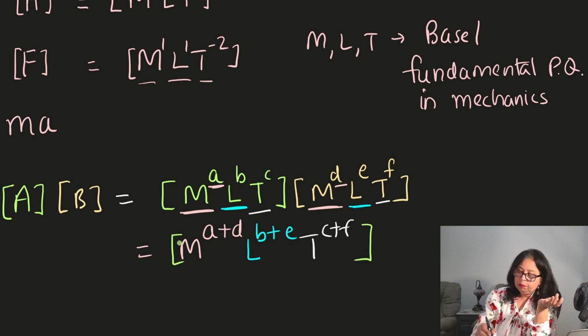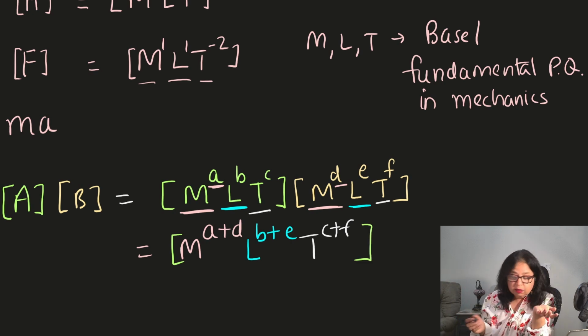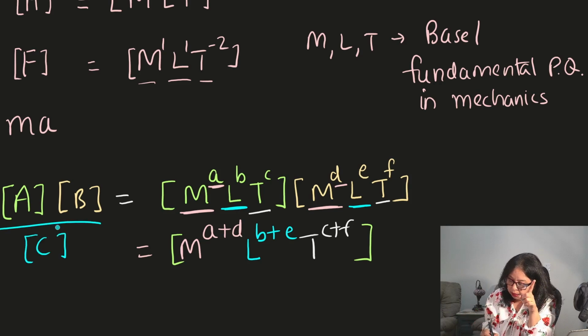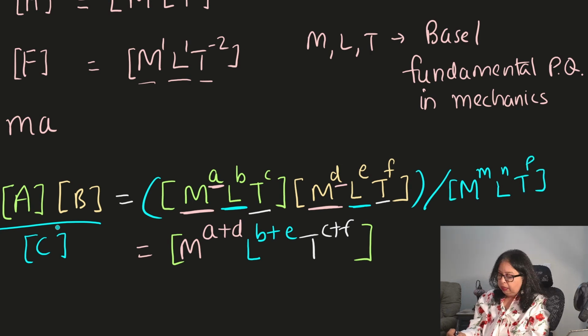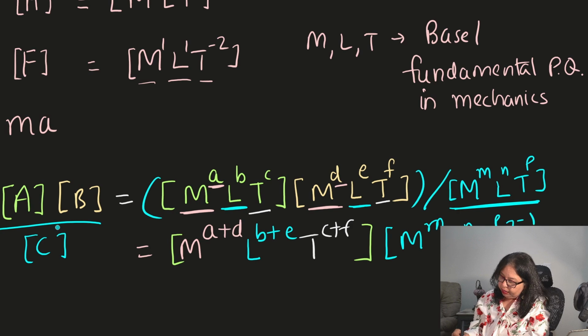So if I had a third physical quantity with it, let's say divided by C, okay? And what is C? Let's make it M to the power m, L to the power n, and last is T to the power p, right? So this will come upstairs to the numerator, and it will become M to the power m, L to the power n, T to the power p, all to the power -1.